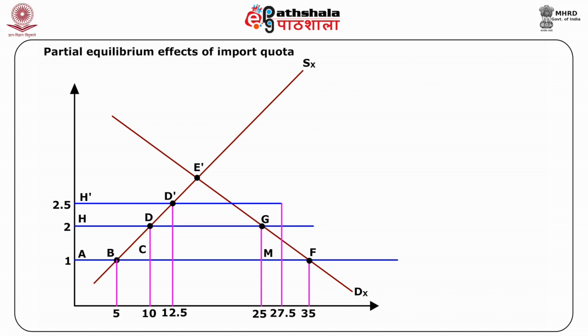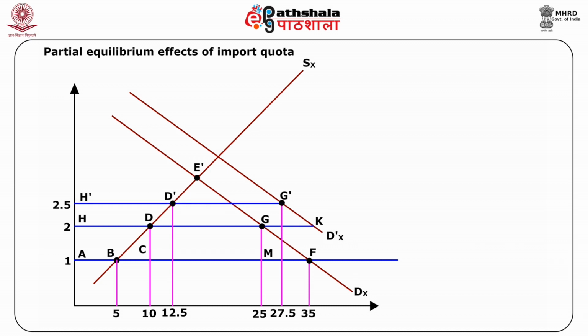With an upward shift of Dx to D'x, the given import quota of 15 (D'G') will result in the domestic price of X rising to Px equal to 2.50, domestic production rising to H'D' (12.5) and domestic consumption to H'G'.